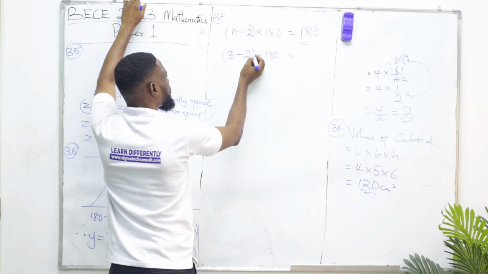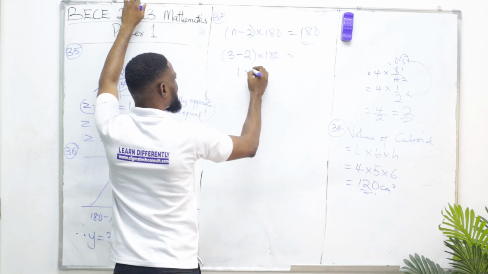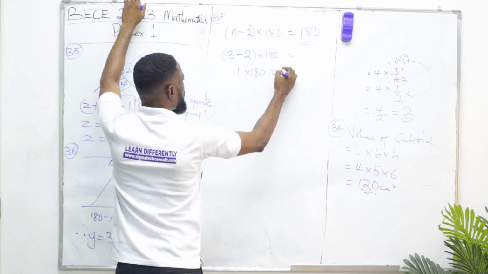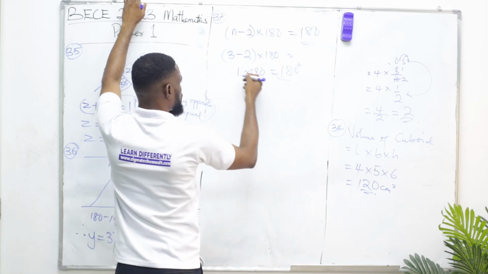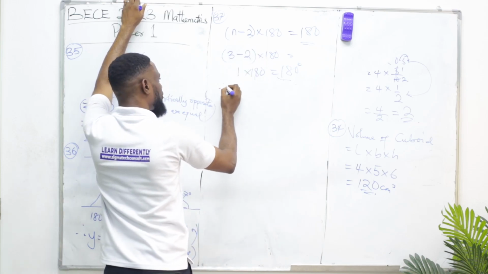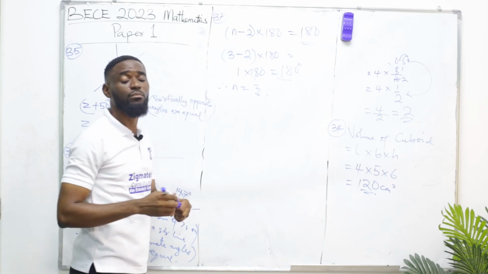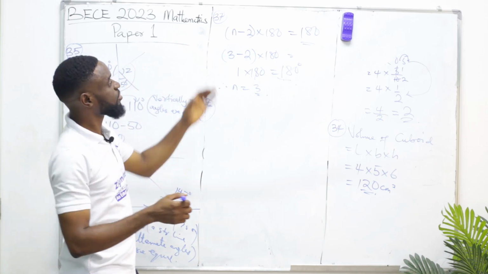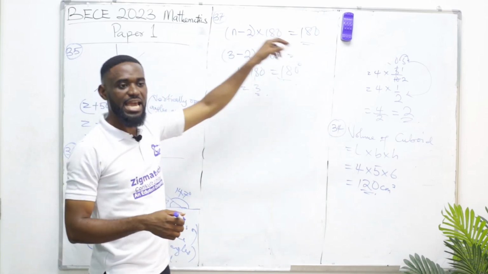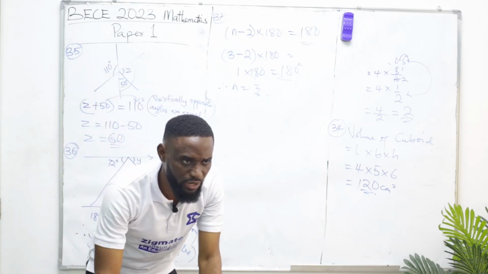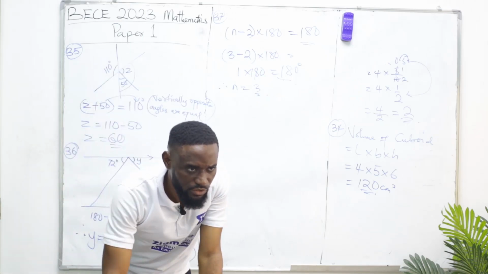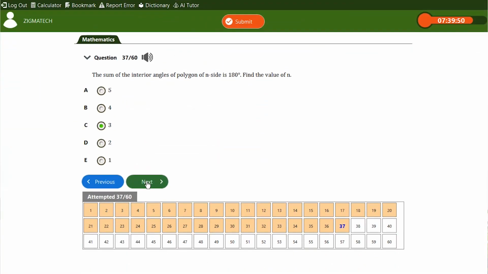Why? 3 minus 2 is 1 times 180 equals 180 degrees. So that is why we say that therefore n is equal to what? 3. So n must be 3 for the sum of these angles to be 180. So the correct option there is option C.